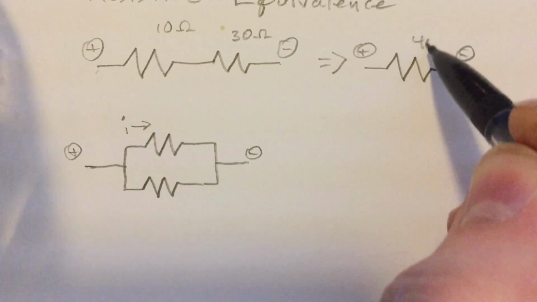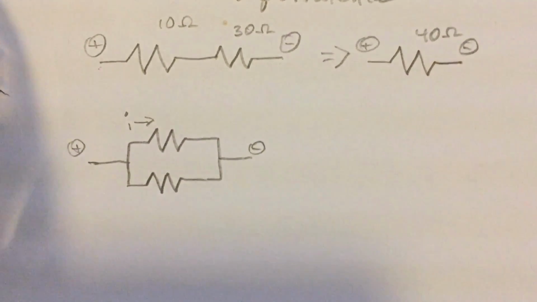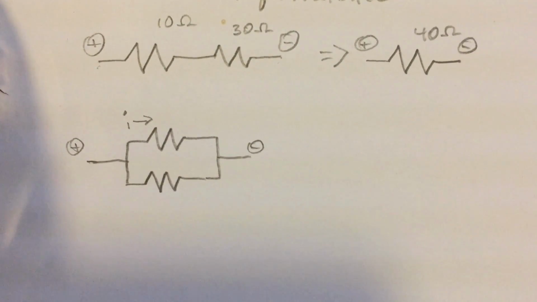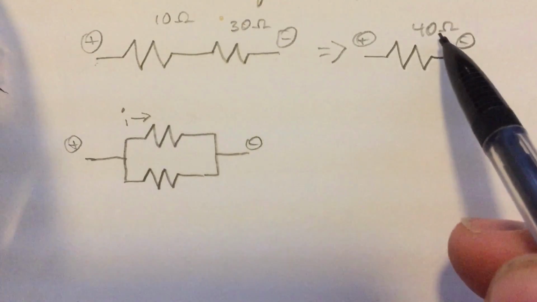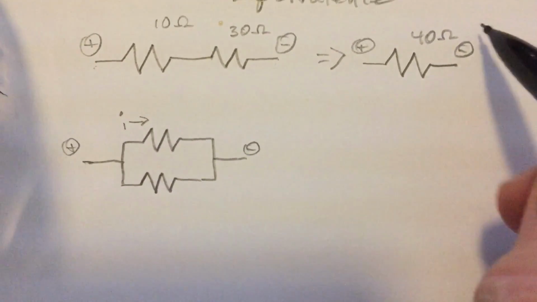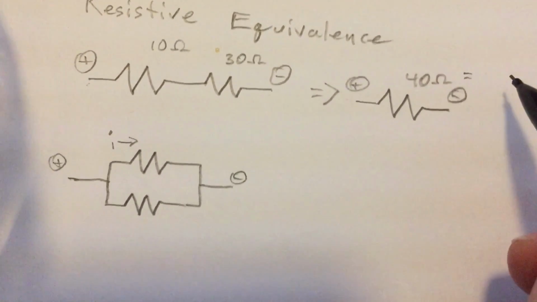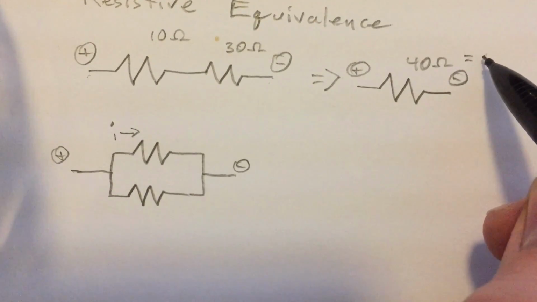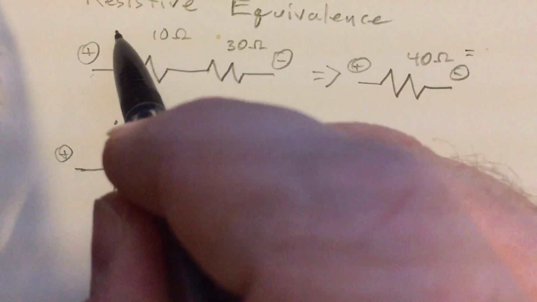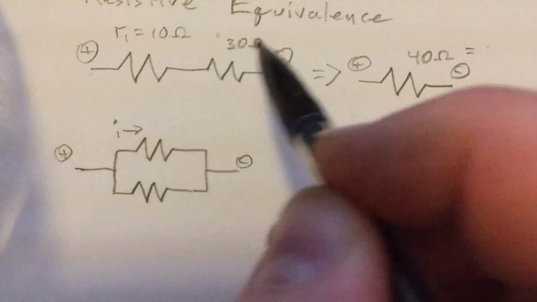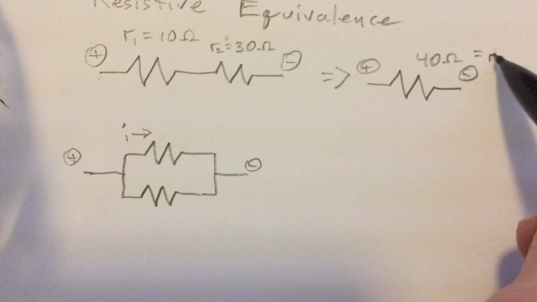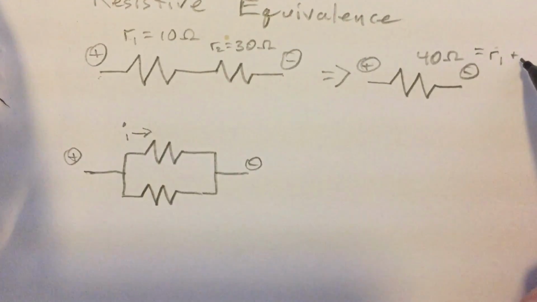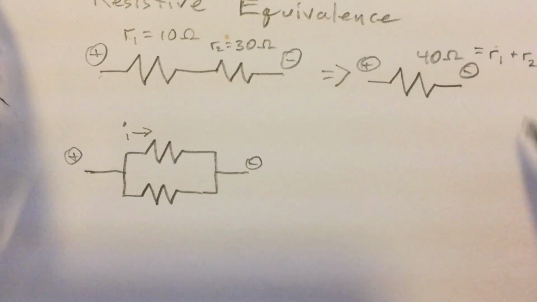This is 40 ohms. Can you guess how we did that? That's right. We just added these two resistances. R1 plus R2.